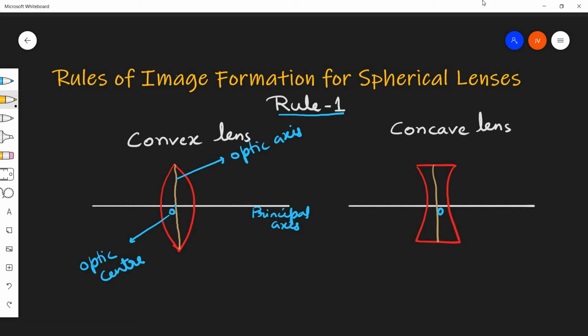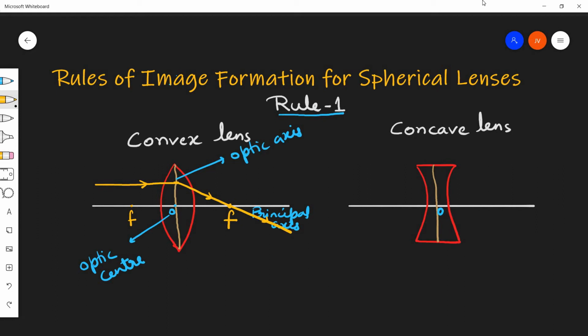In case of convex lens, if a ray of light is incident parallel to principal axis, then after refraction it passes through a point on principal axis that is known as the principal focus. Though for a lens there will be two focal points, one in the left side and one in the right side for both the lenses.